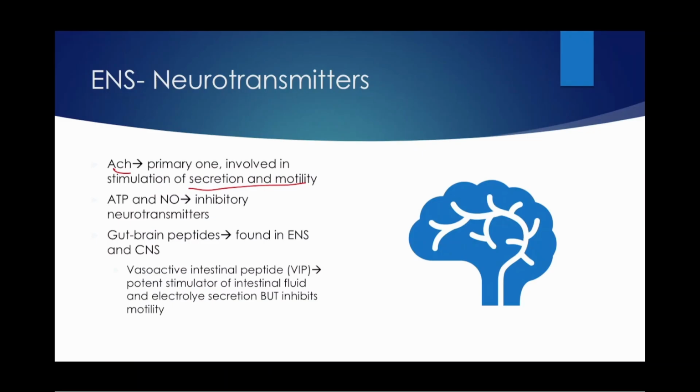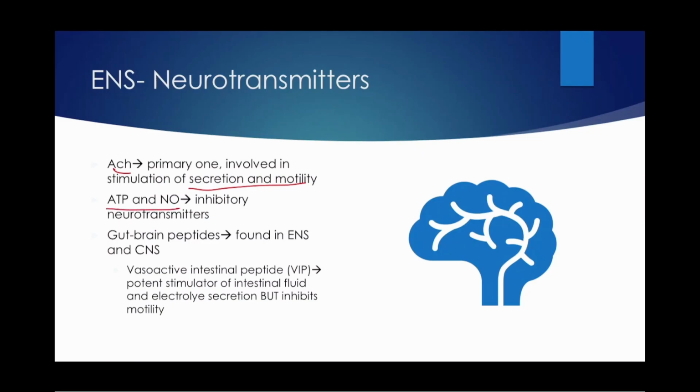Now we're in the digest portion. So acetylcholine, secretion, and motility makes sense, because those are activities you would do during parasympathetic innervation, rest and digest. So acetylcholine helps with secretion and motility through the GI tract, therefore helping with digestion.